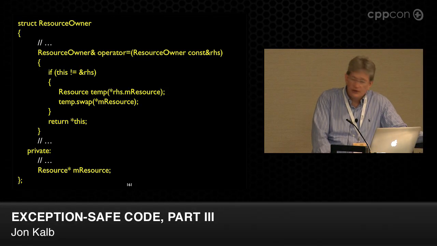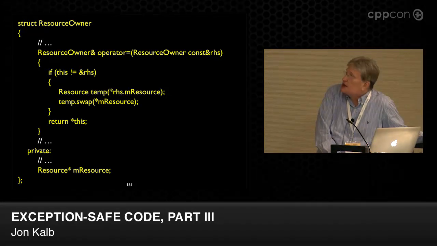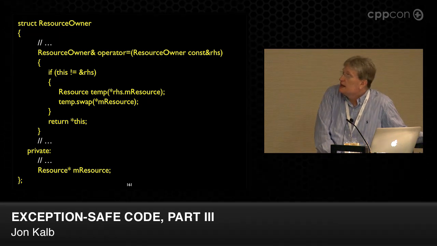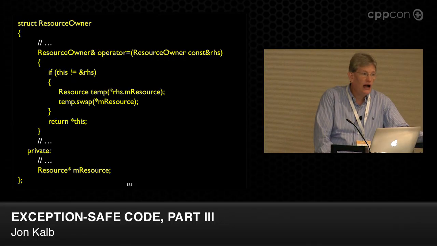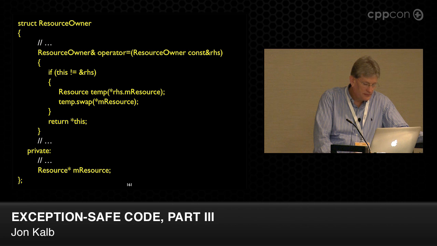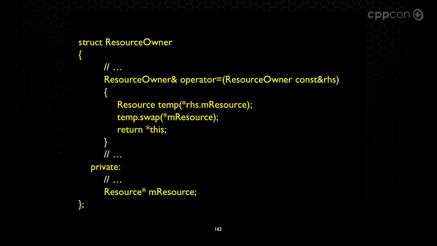So if we do that, then we can write code like this. And in this situation, we are, in fact, still having to make the copy. You can't make that work go away. But in this case, once the copy is made, then we do a swap, and it doesn't possibly throw, right? So here's a cleanup of this.